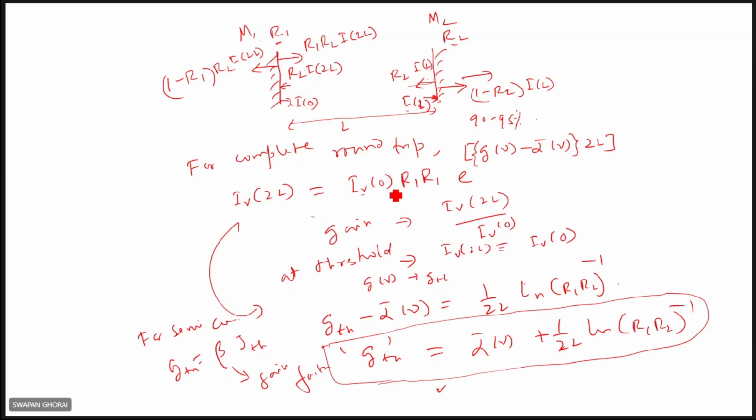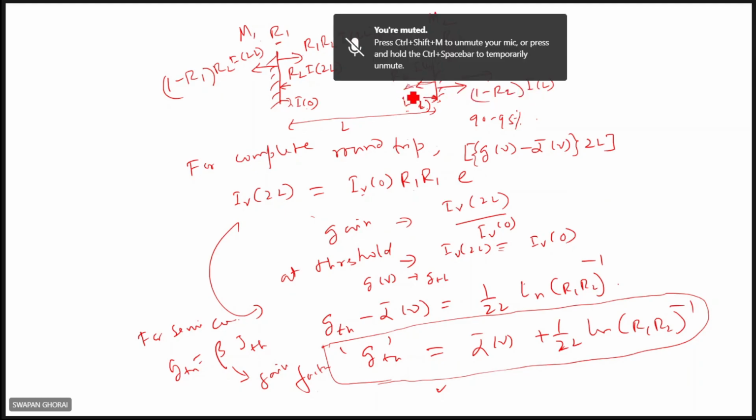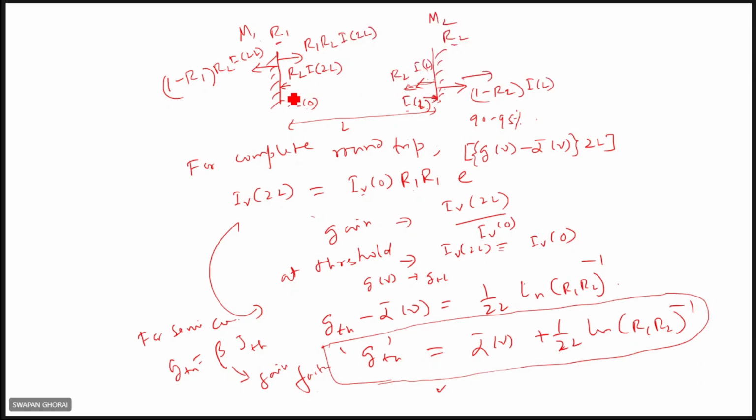Next, two reflection coefficients, R1 and R2, will be considered. When the beam is reflected back, that will be R2 times I of L, and 1 minus R2 will be transmitted. Again, this beam, just before the other mirror, will be R2 times I of twice L. Just before touching this mirror, when it is reflected, the reflection coefficient is considered again.